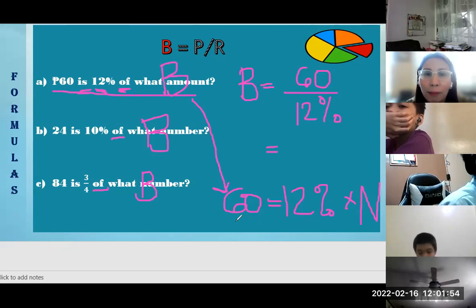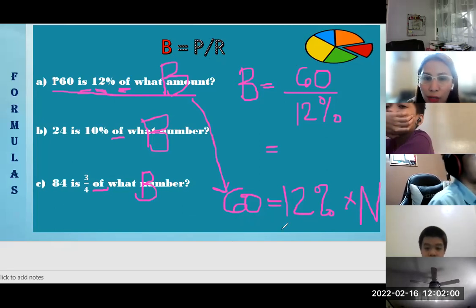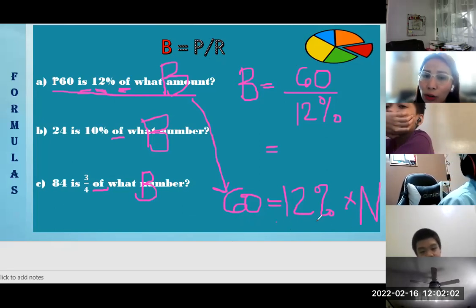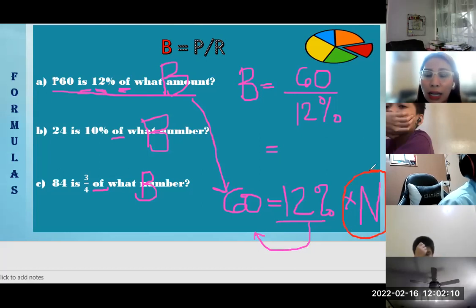Kay Miel naman, the percent is easier to solve. So, transfer natin tong 12% to the other side. We need to isolate the letter n here. Iiwanan natin yan for us to be able to find the value of that missing number.